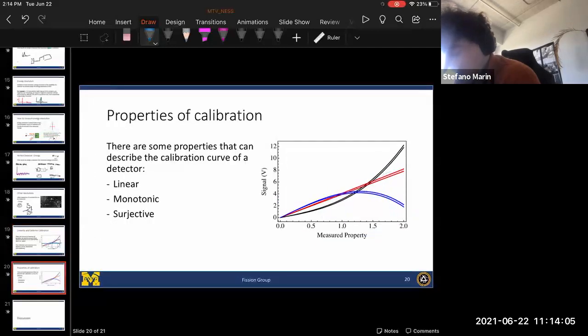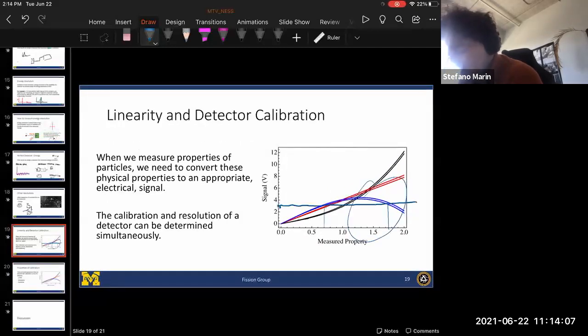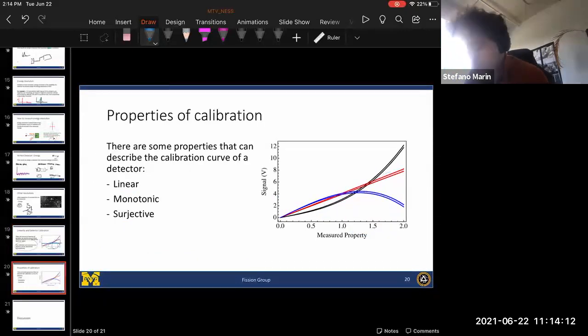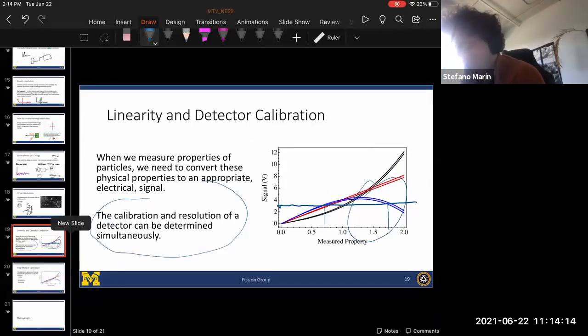So how do we create these lines here? This is basically the last point of the presentation. The last one was basically repeating what I said there. We can see that this line here with the bands around it basically completely determines the performance of the detector.